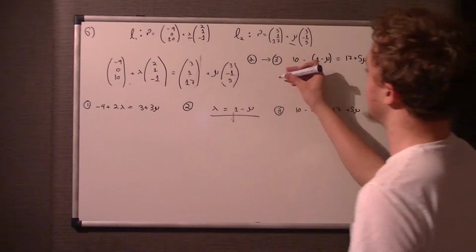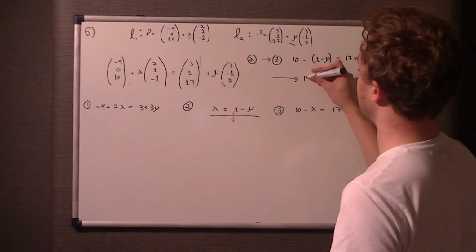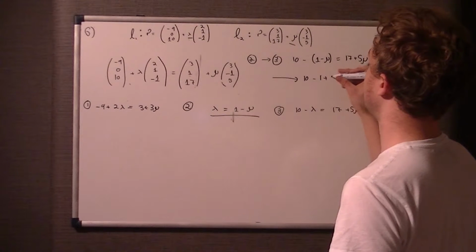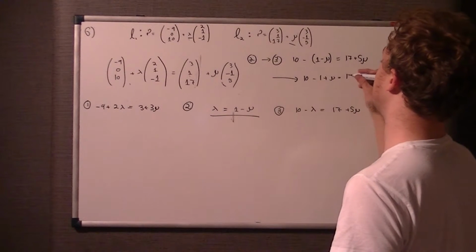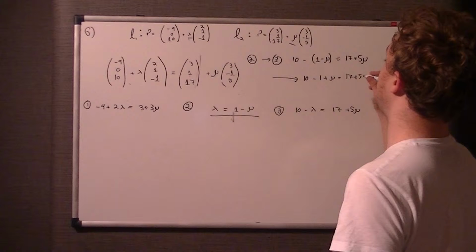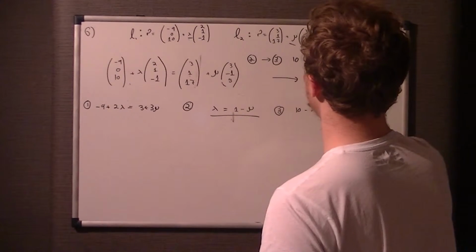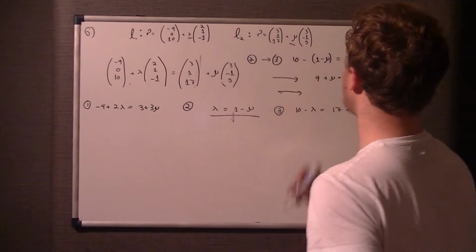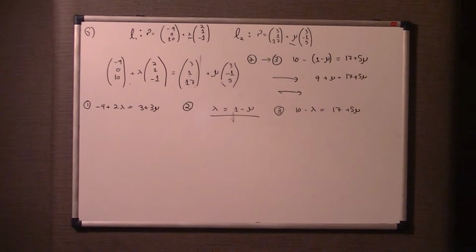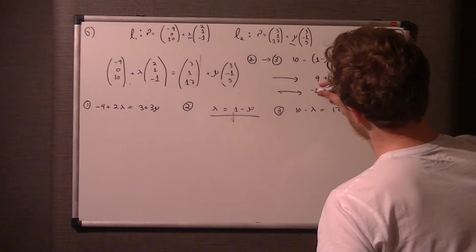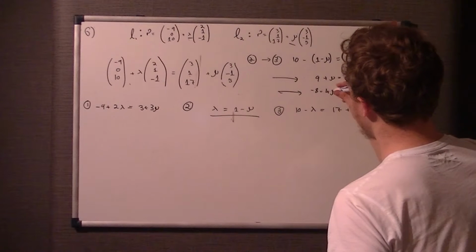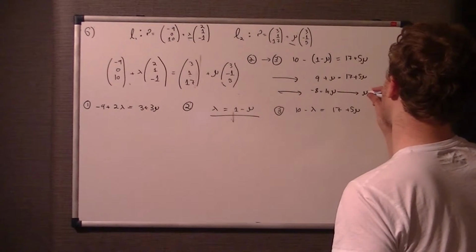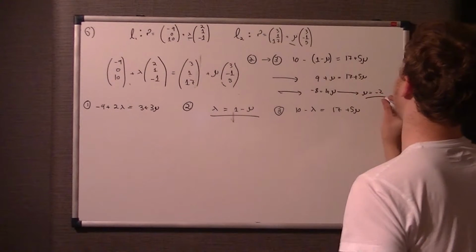Okay, so then it's just a case of expanding this, so 10 take 1 plus mu is equal to 17 plus 5 mu, or in other words, 9 plus mu is equal to 17 plus 5 mu. Okay, so you rearrange that to get mu. So minus 8 is equal to 4 mu. So therefore, mu must have a value of minus 2.